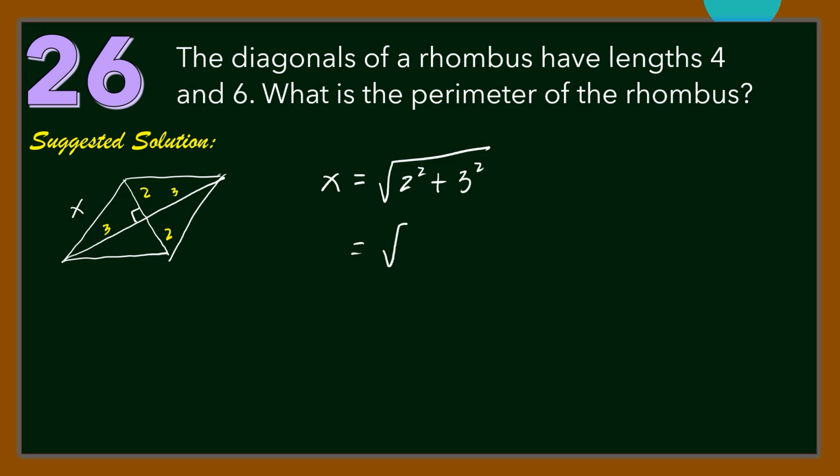And this is equal to square root of 13. And since we're looking for the perimeter of the rhombus, and the rhombus has 4 equal sides, then the perimeter is equal to 4 times the length of each side, which is square root of 13. So we have 4 square root of 13 units.